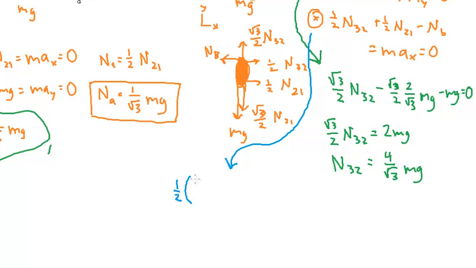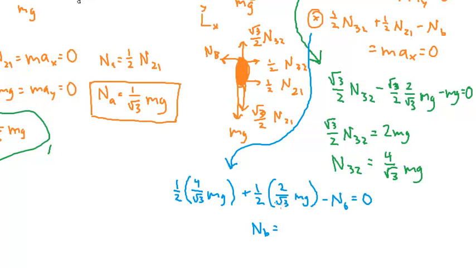And this becomes just minus mg because the 2 and the root 3 cancel. And so root 3 over 2 N32 is equal to 2 mg. So now we know that N32 is equal to 4 over square root of 3 times mg.